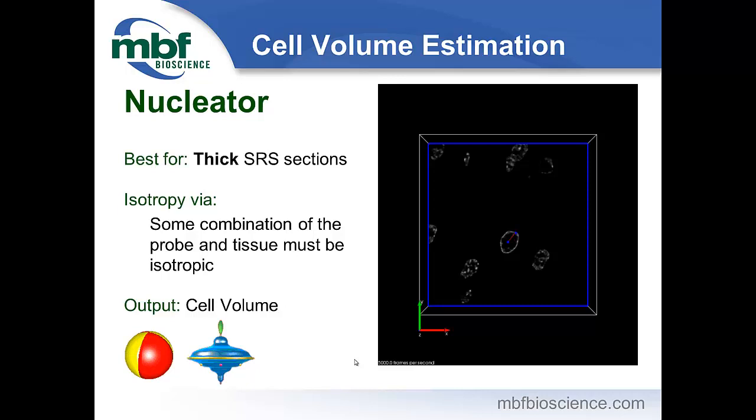So we're going to use a dissector, and a dissector, as we showed you when we were estimating number, needs to be put down in a thick section so you can focus through and decide which cells you're going to do the nucleator on. Then when you do the nucleator, it matters how the cells were cut.